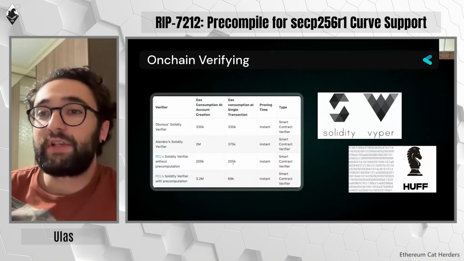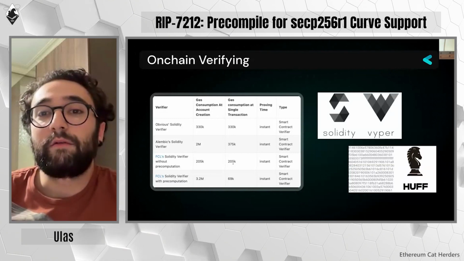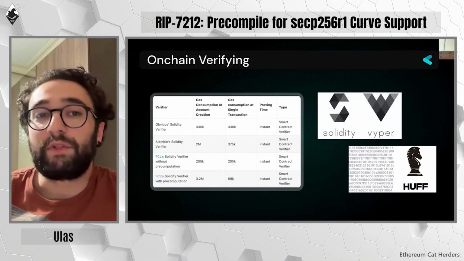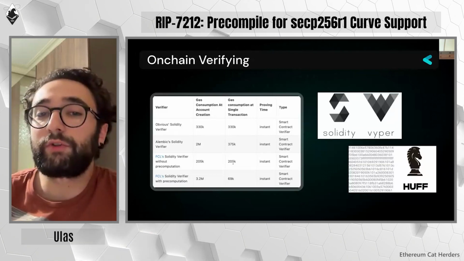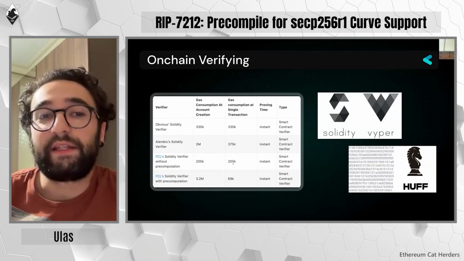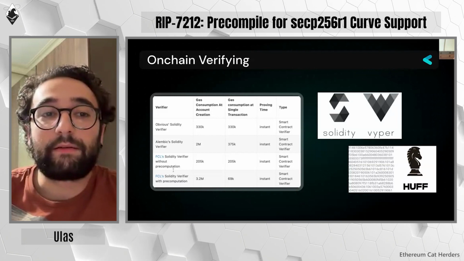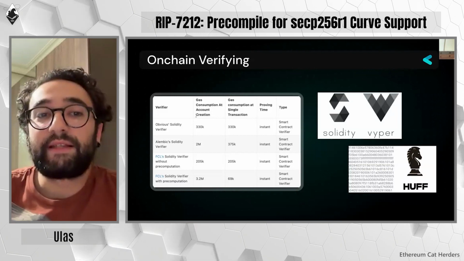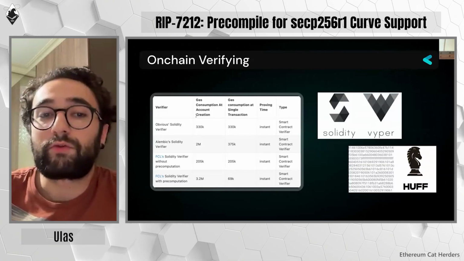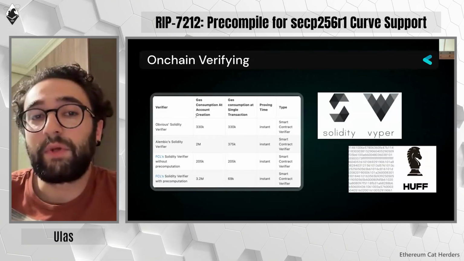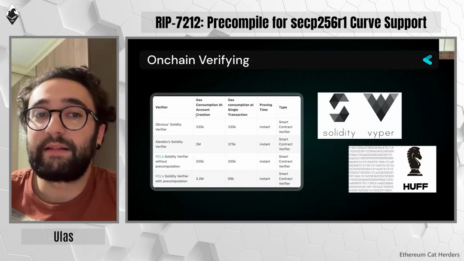And of course, there are some ways to utilize this elliptic curve with other methods without using a precompiled contract or without requiring a protocol change with an EIP or RIP. It's not the most up-to-date table here, but you can see that the other methods of utilizing this elliptic curve cost too much gas on the EVM. So it's not the most efficient way of utilizing this elliptic curve.